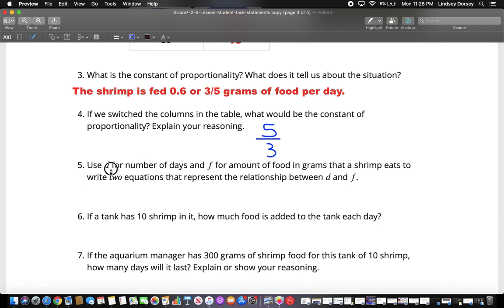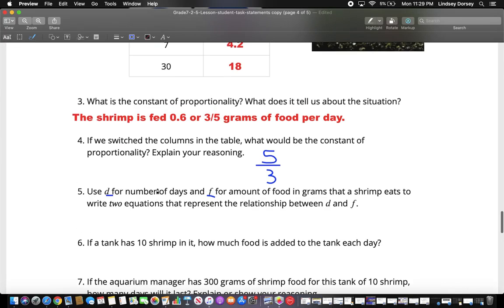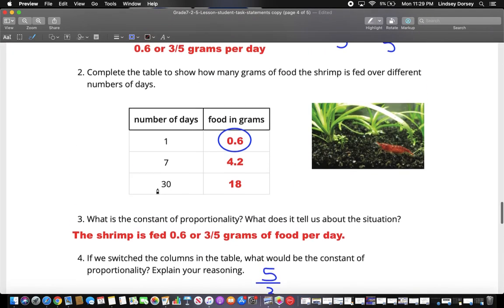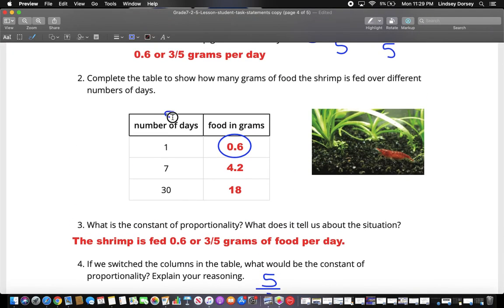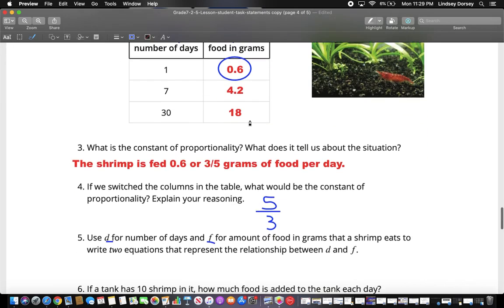So D represents the number of days and F represents the food in grams. So it wants us to write two equations. So D is days and F is the food in grams.